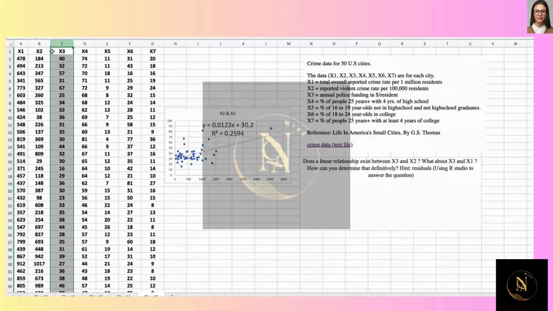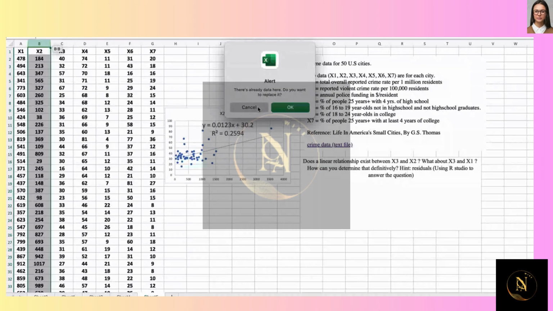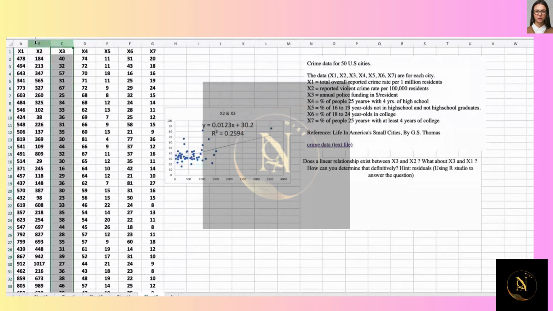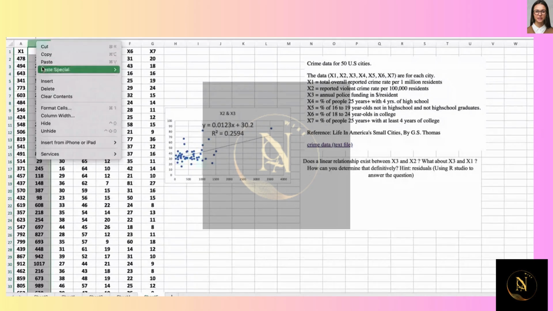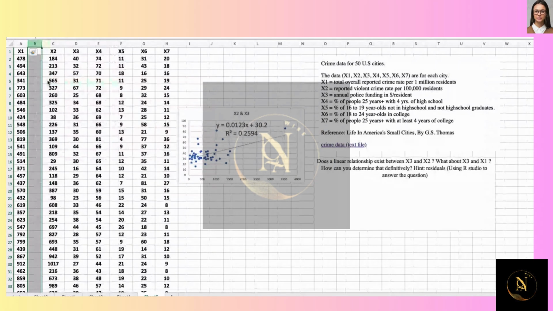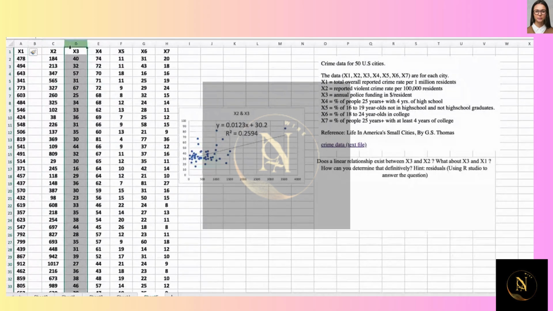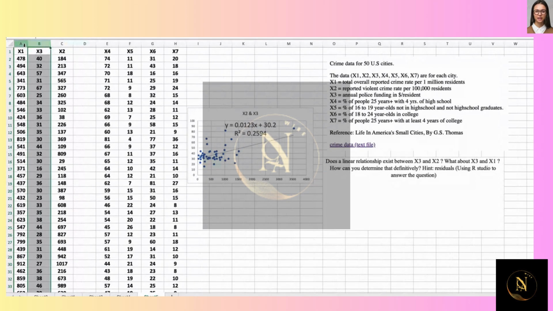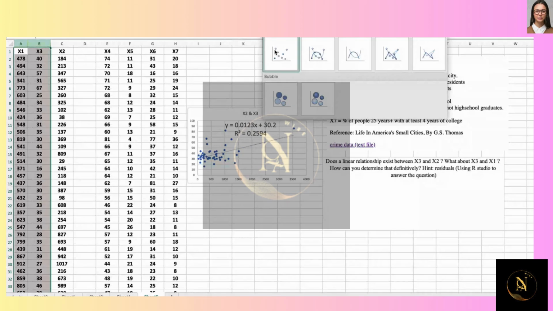So I'm going to move this data over and insert a scatter plot.